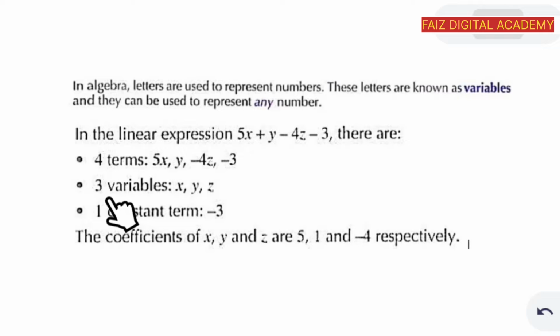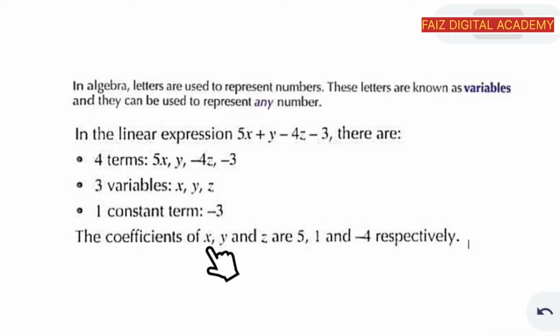And the second thing is, there are three variables in this expression. The first variable is x, second is y, and third variable is z. And the number which does not have any variable with it is called the constant. So the constant term here is minus 3.